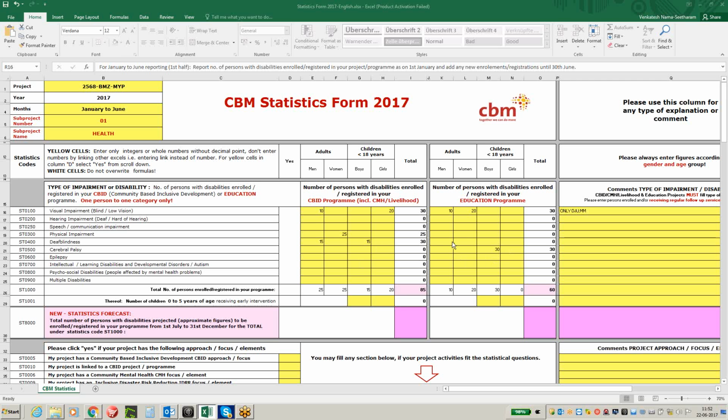They can do it, logically speaking, and put a comment saying that, for example, these 10 men are registered for both CBID and education, so that it's very clear for us. Okay, that's clear.